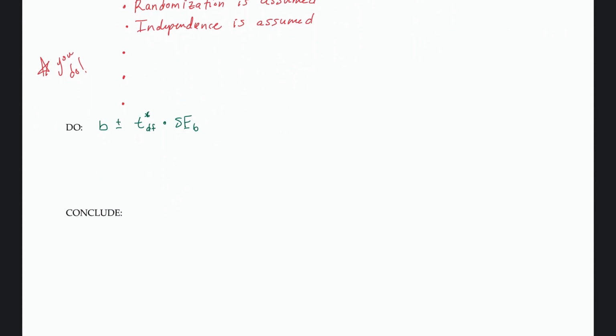Our b value is going to be 0.0057244, plus or minus, we don't know the t*, but we do know that our degrees of freedom is going to be 68, because there were 70 total helicopters dropped, and 70 minus 2 is 68, times the standard error, which the table tells us is 0.00, lots of zeros, 2018.